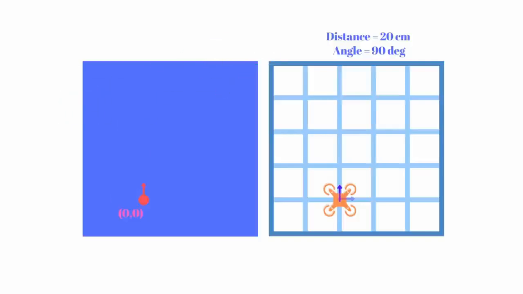So let's look at how we can use this and how we can find our coordinates. Let's say we pressed the forward and we pressed the rotation button at the same time. Now the drone starts moving, but this time it will start rotating as well at the same time.